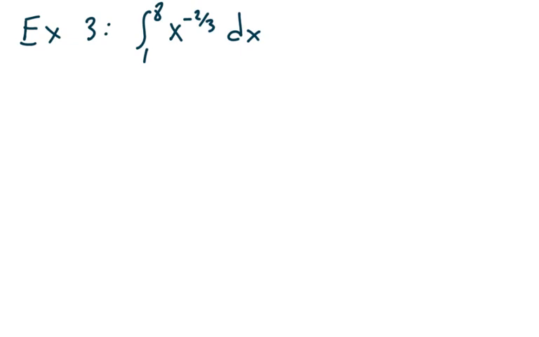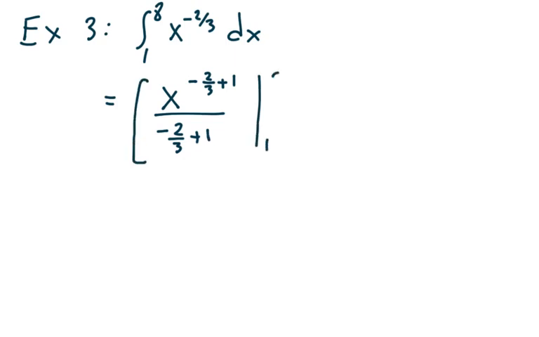Now, the way you integrate these type of things is we're going to add 1 to the exponent, so it's x to the negative 2/3 plus 1. But I'm going to divide by negative 2/3 plus 1. And I'm going to evaluate from 1 to 8.